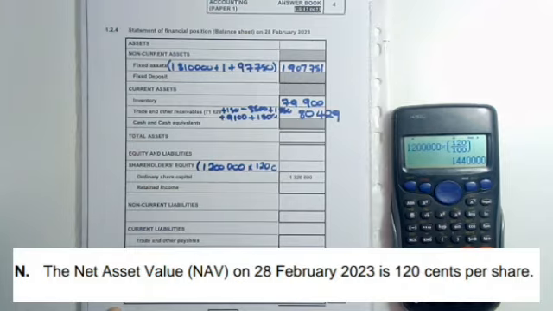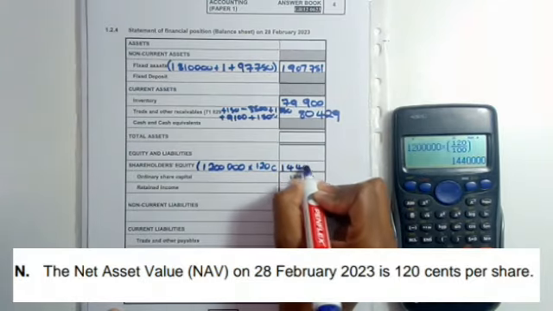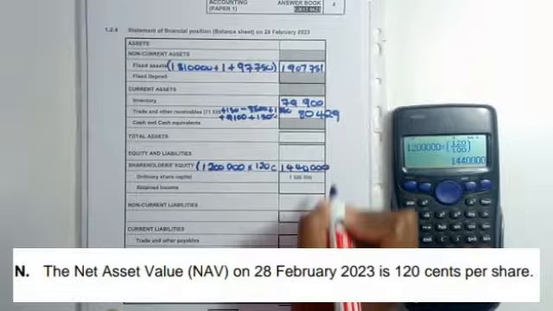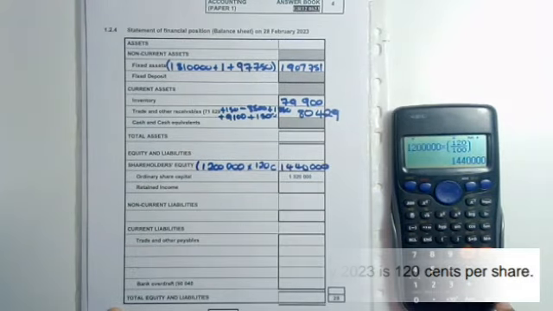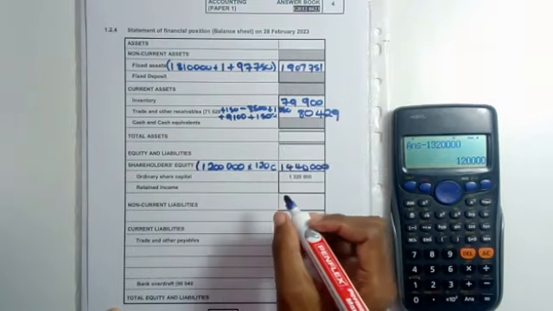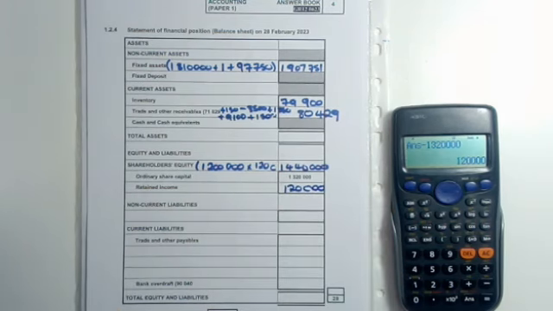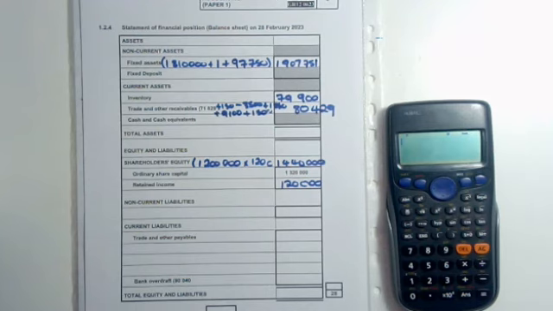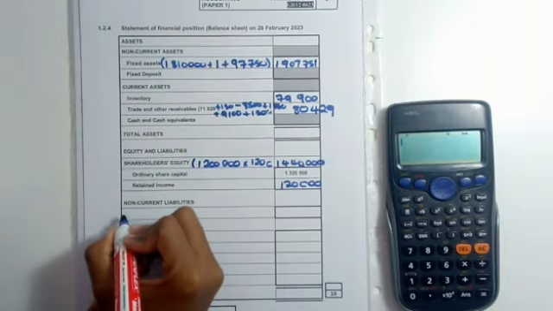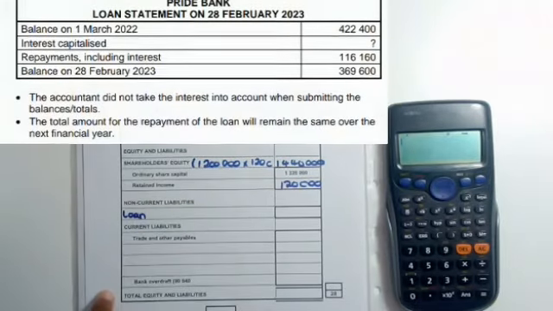That will give you 1,440,000, and you are going to take this amount minus our ordinary share capital of 1,320,000, and it gives us a retained income of 120,000.